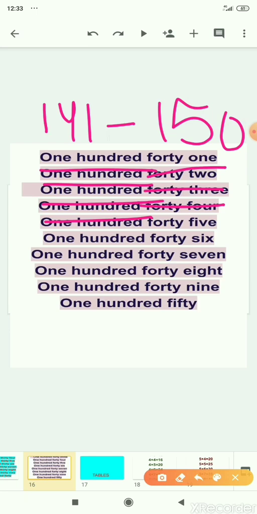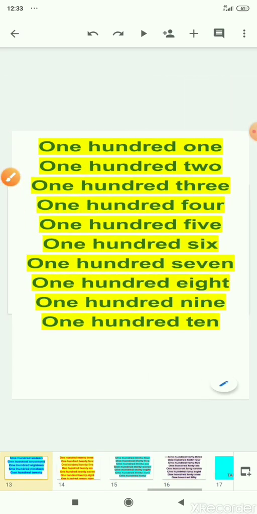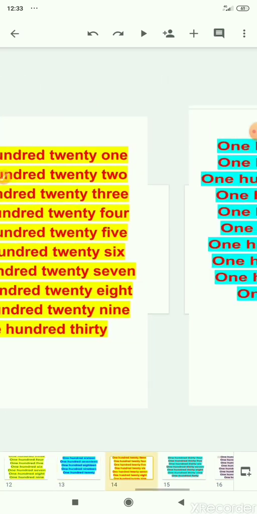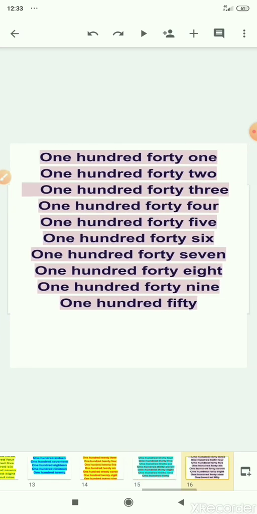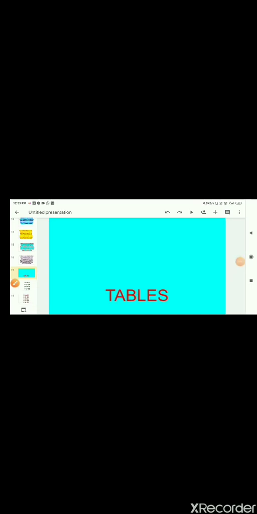So in this way we have done the number names from 101 to 150. Okay children, now I will show you how to write all these numbers in your notebook.